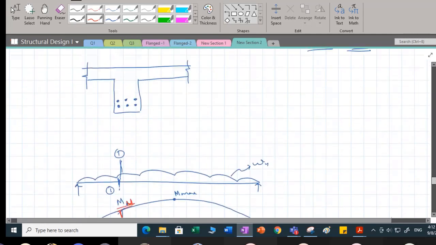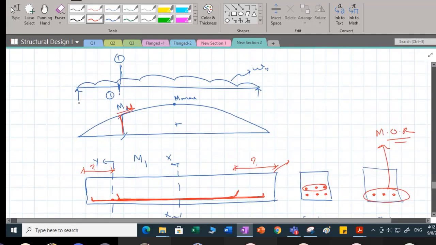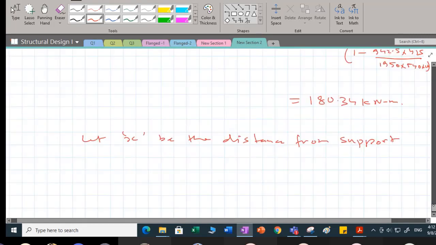So at distance x, I am curtailing. I would like to know what is the moment at this section. The moment at this section is going to be this reaction Vu into x, Vu into x minus W into x square by 2. So what is going to be my moment at that section?